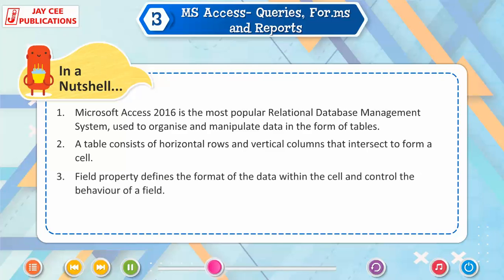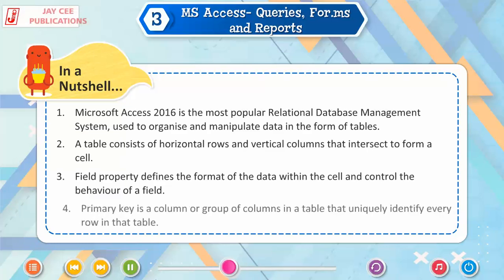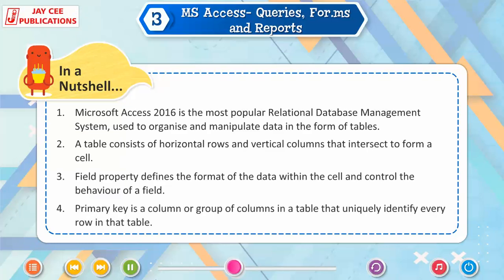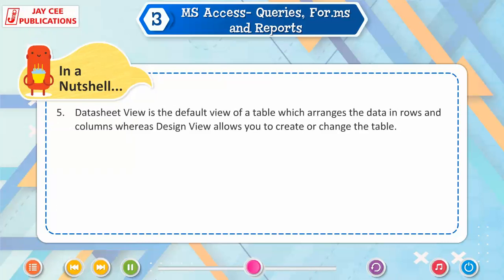Field property defines the format of the data within the cell and controls the behavior of a field. 4. Primary key is a column or group of columns in a table that uniquely identify every row in that table. 5. Datasheet view is the default view of a table which arranges the data in rows and columns, whereas design view allows you to create or change the table.